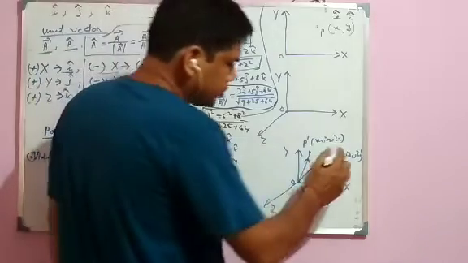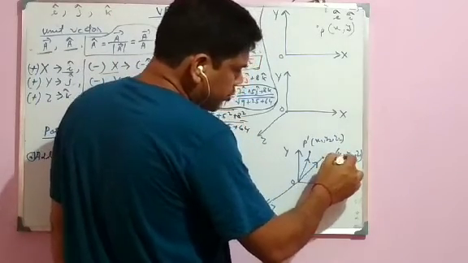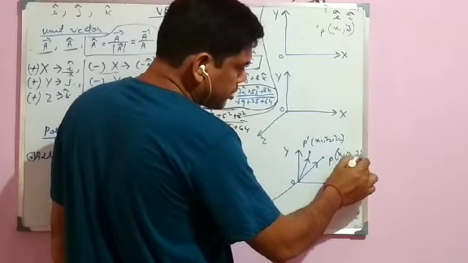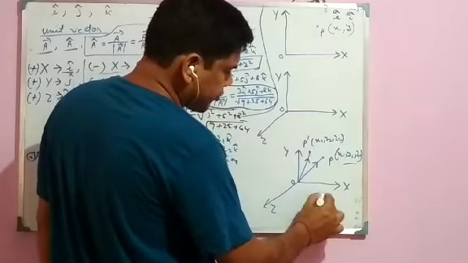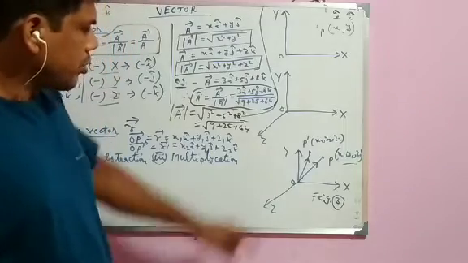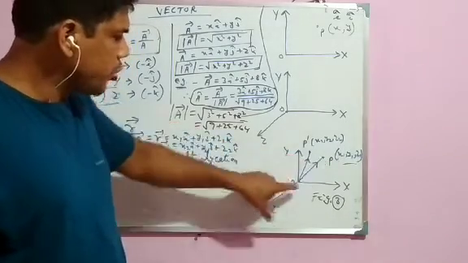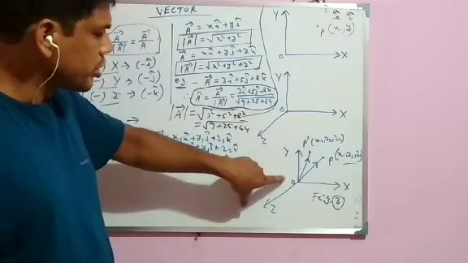So here the coordinates of point P we have considered as x1, y1, z1, as shown in this figure. Now we want to find the position of this point P with respect to the origin O of this 3 coordinate system.